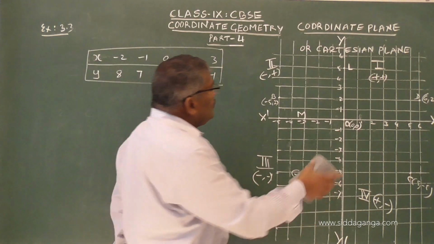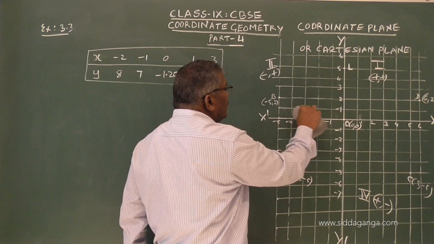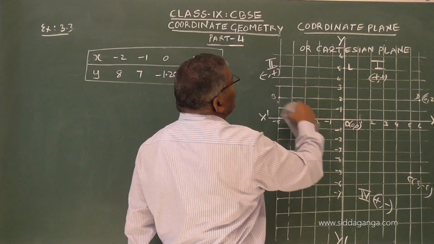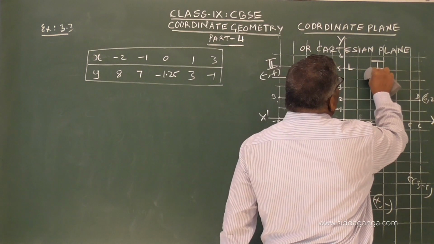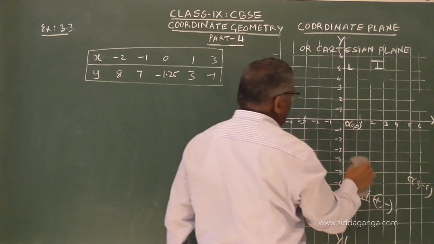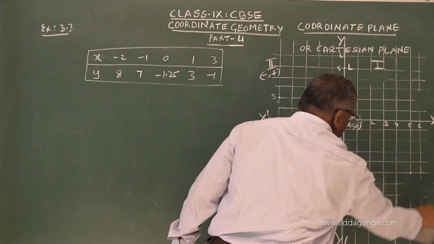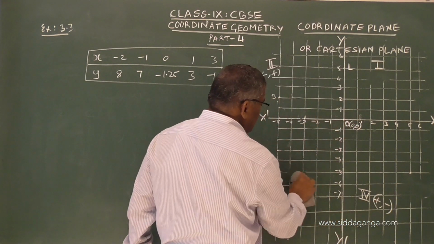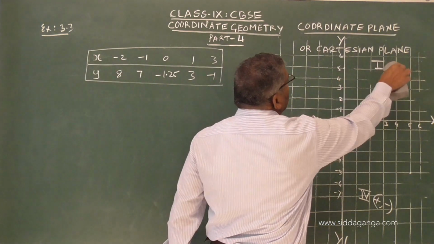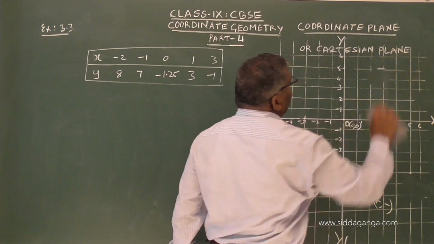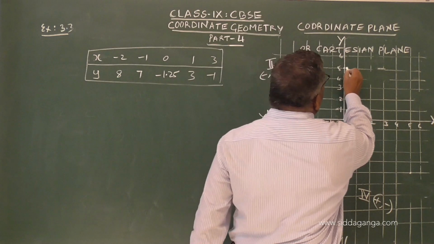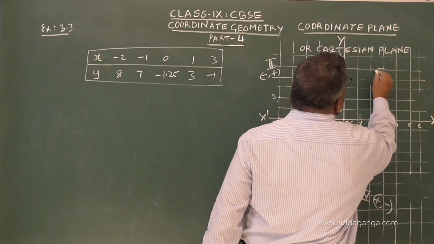So for convenience, I will erase this earlier denomination so that you will not get confusion. I will erase these things also. So we will just make it convenient. Okay. Now this is the graph sheet.